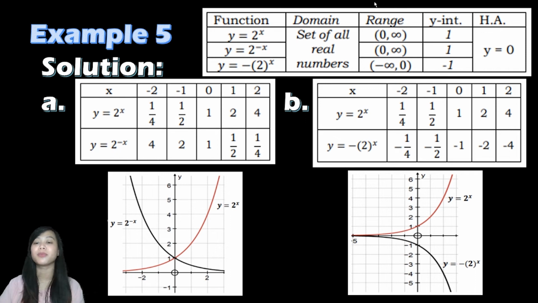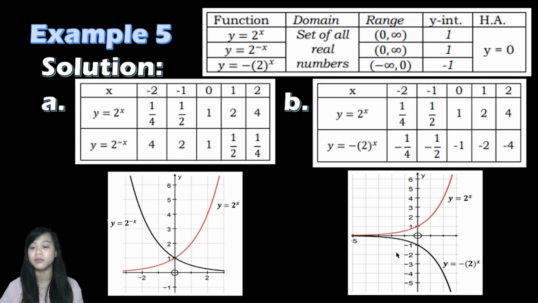And the range differs. These first two functions have a range of 0 to positive infinity, because as you can see, this function is in the form of f of x equals b raised to x, just that your x here is negative. And your y-intercept is equal to 1, so they are the same also. And for the third function, we have a range from negative infinity to 0.